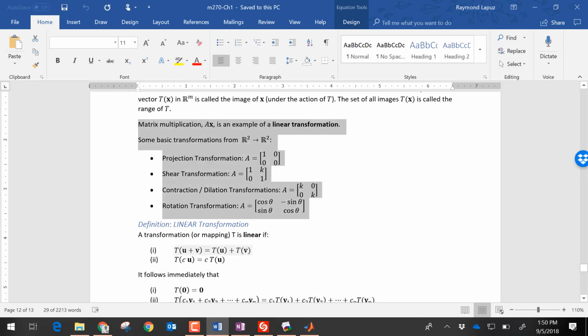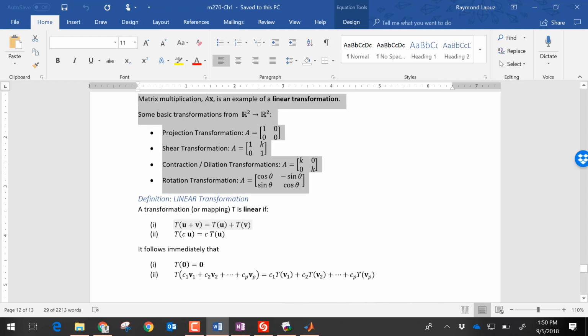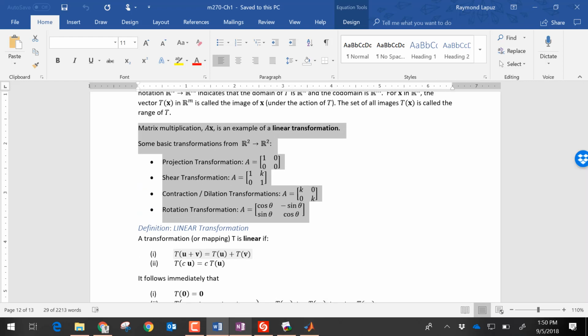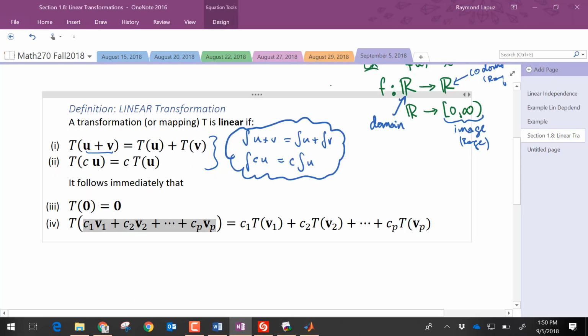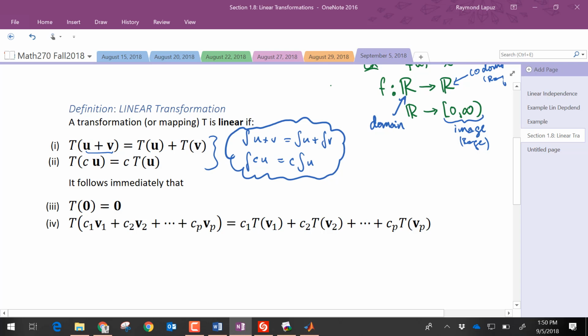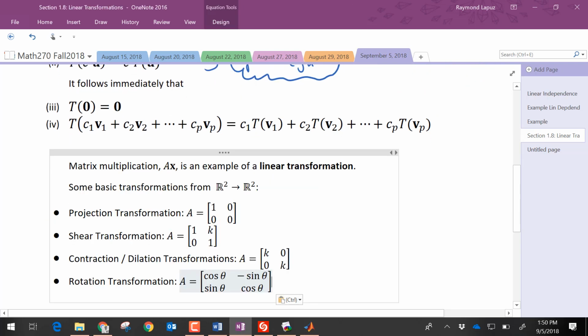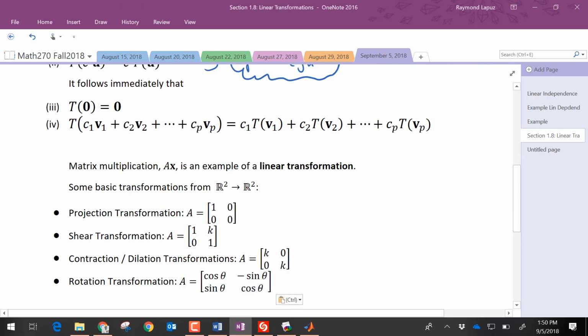We're kind of giving away a bunch of examples already here, but these are, again, just examples. A matrix multiplication is essentially a linear transformation. It turns out that if you do have a linear transformation, you can write it as a matrix.